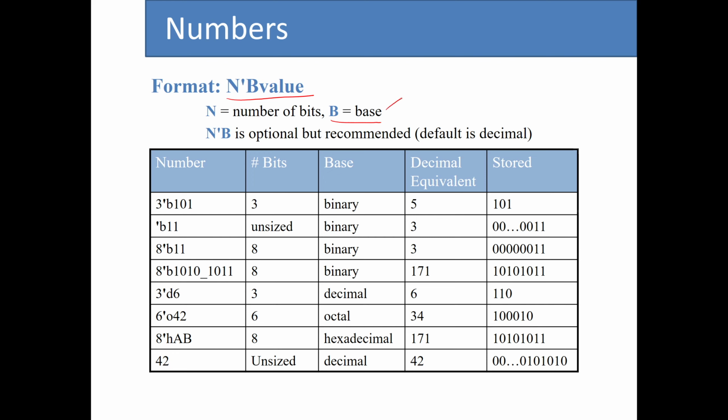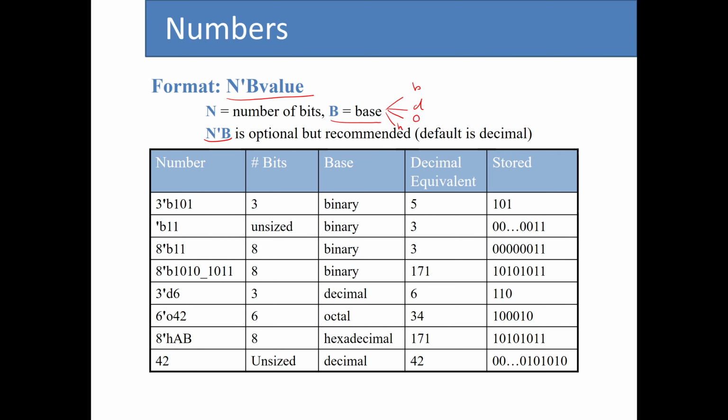So you can have B as binary, D as decimal, O as octal, and H as hexadecimal. If you don't specify, the default is going to be decimal. And then this whole thing is also optional. You don't have to always specify it, but it is recommended that you do.